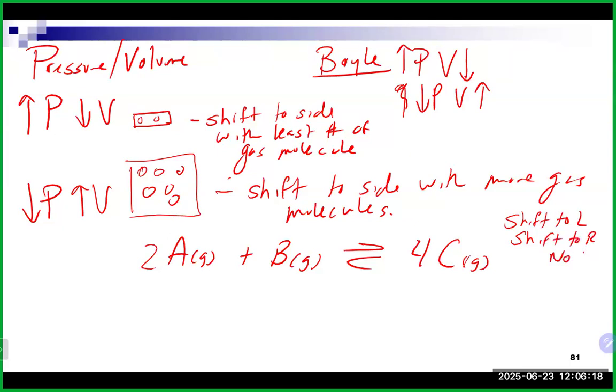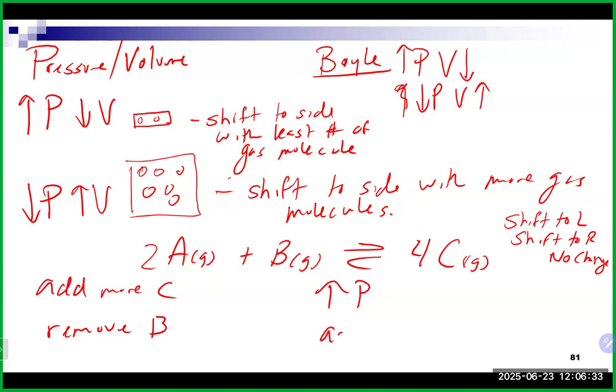Or will there be no change if I add more C, I remove B, I increase the pressure, I add A, and I increase the volume? So take a moment for each of those and decide which way we would expect the equilibrium to shift in this case. Add more C, increase pressure, increase volume, remove B, and add A.